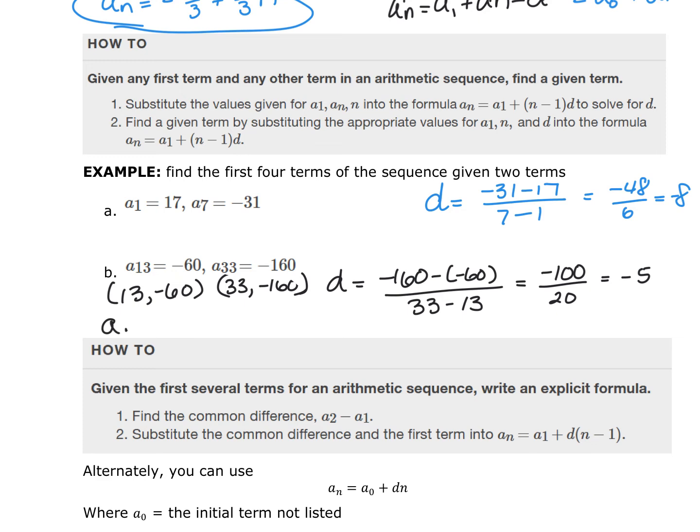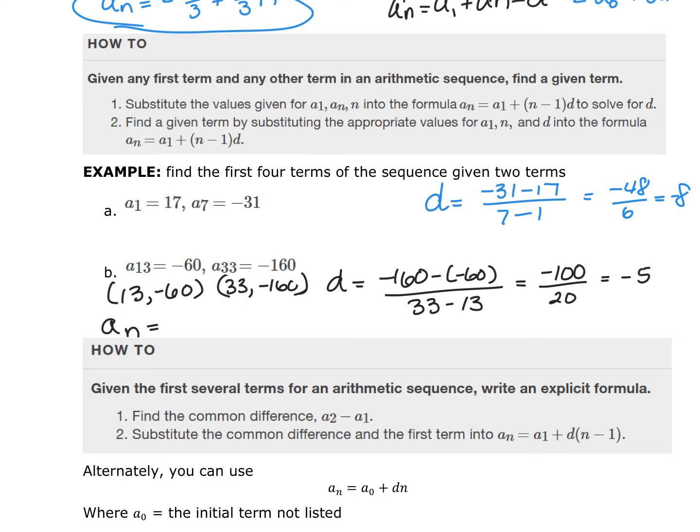So my a sub n is going to be, oh, wait, how do I figure out my a sub 1? I don't have my a sub 1. Don't I need my a sub 1? Absolutely do. So how do I find my a sub 1? Well, I know that the difference happens to be a negative 5. So what did I start out with to get negative 60 at a sub 13?